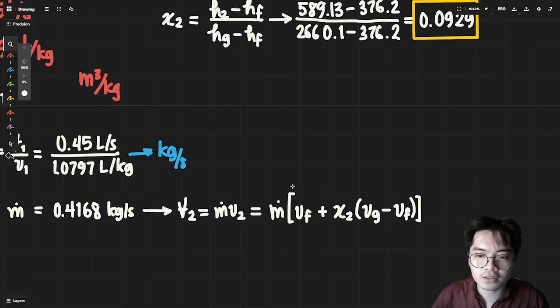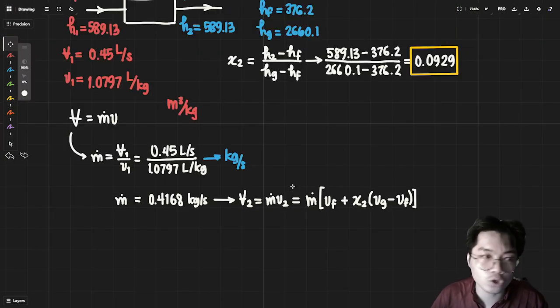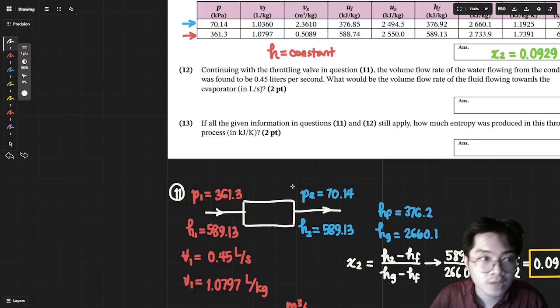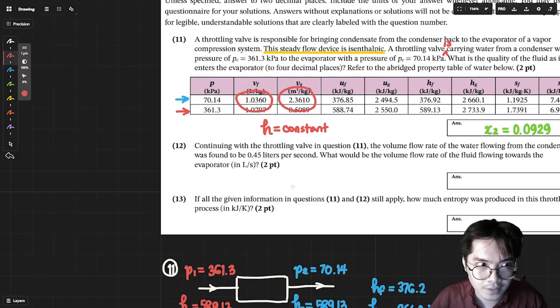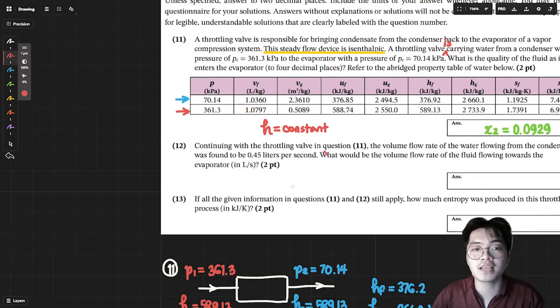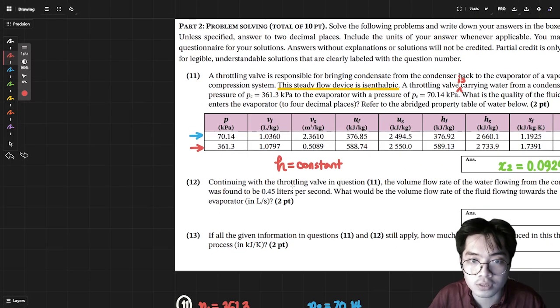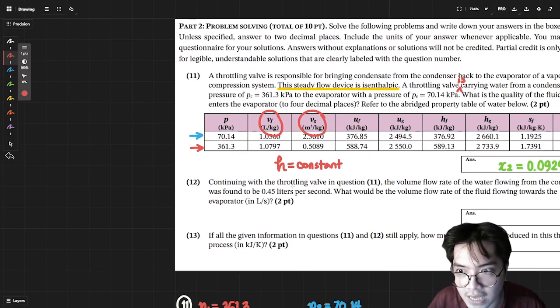The thing about this is that we already know the values of VF and VG because they are directly here. We just have to fill out the correct ones, and we have to be very careful because these two are not of the same units.